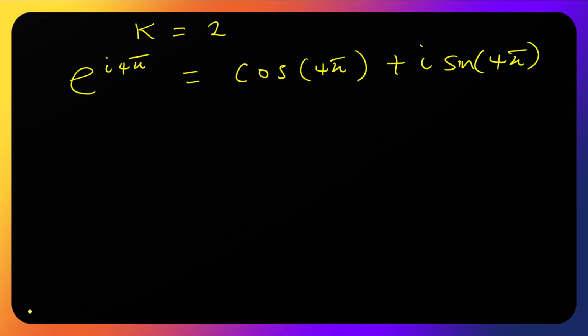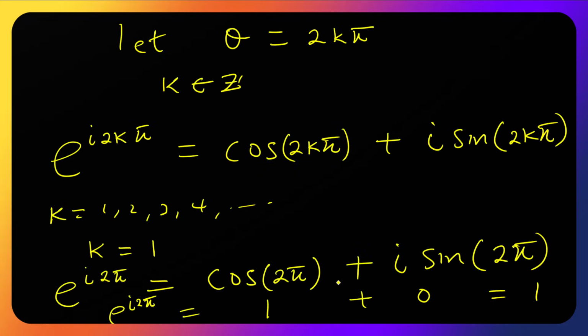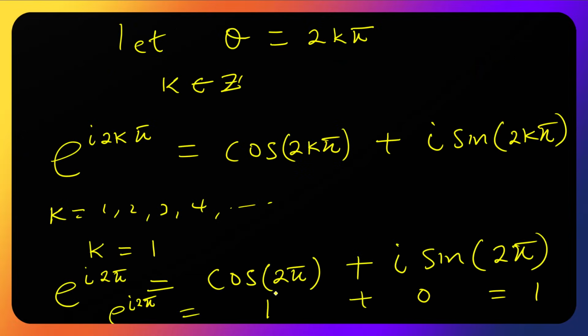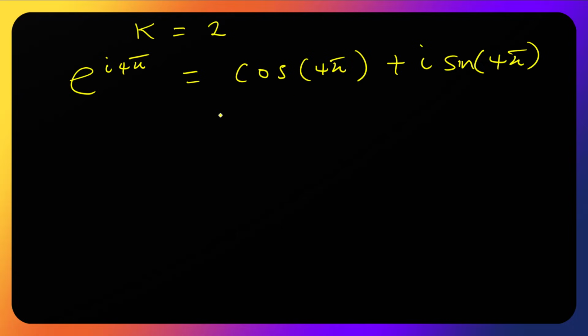In terms of periods, 2 pi and 4 pi are in the same period, so this one is the same as that. So cos 4 pi is 1 and sine 4 pi is 0, so e raised to i 4 pi is 1.